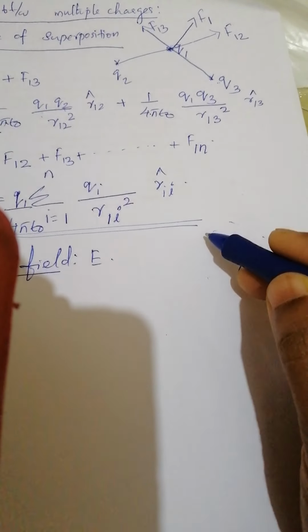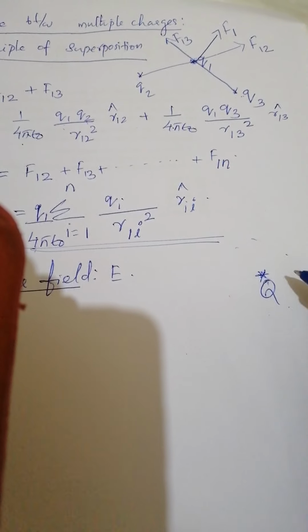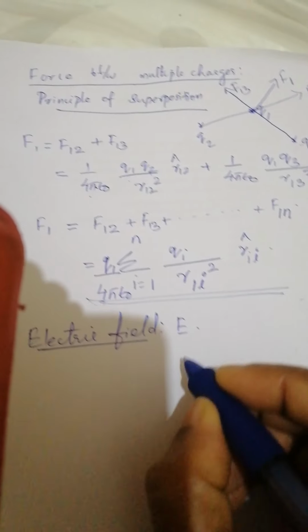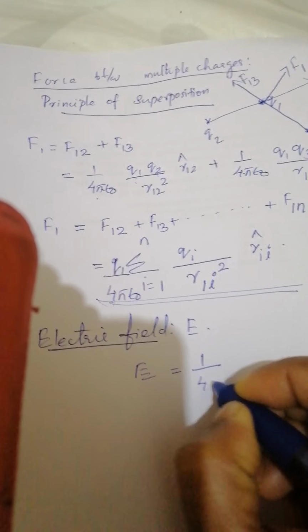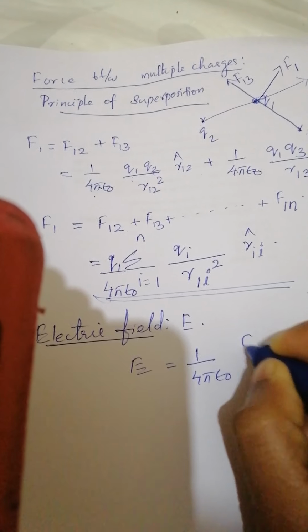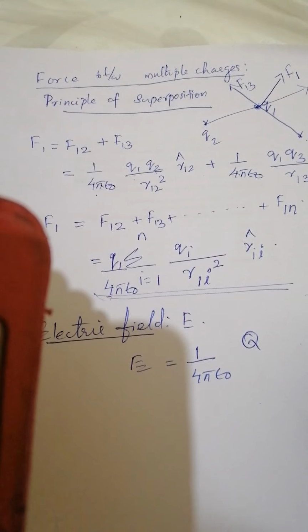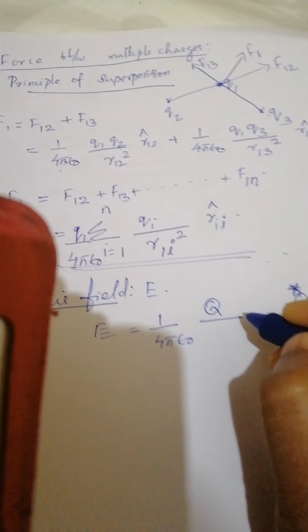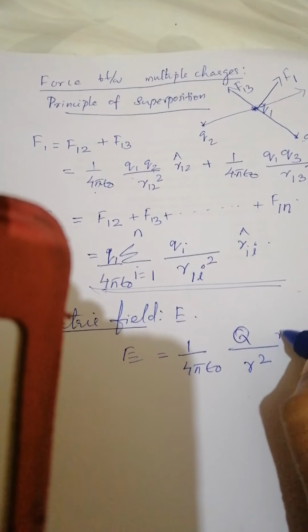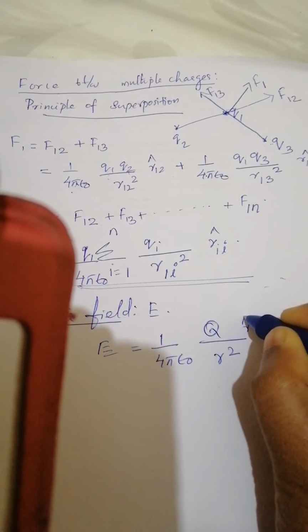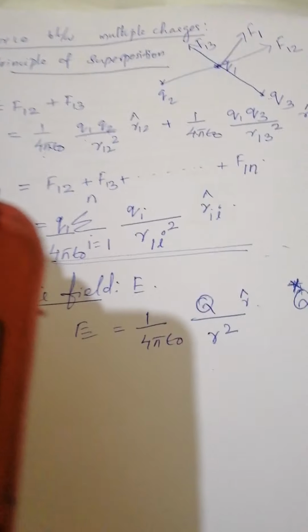So we can write E is equal to 1 by 4 pi epsilon 0 Q divided by R square, and in terms of direction, unit vector R.